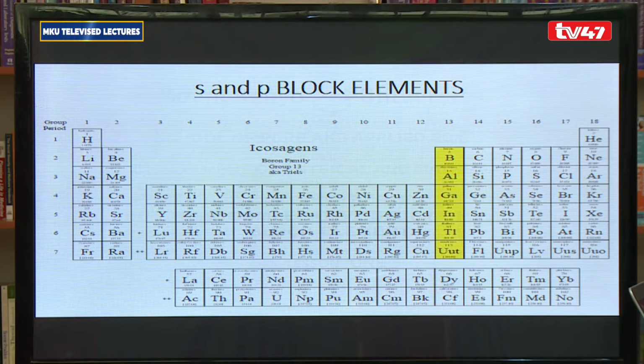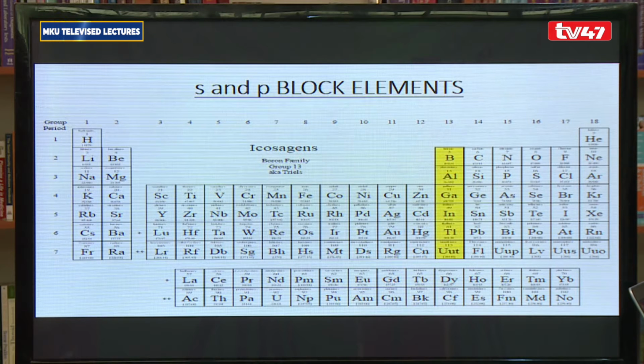The way these elements are arranged depends on the electronic configuration of the element. What determines whether the element will be in the P block, D block or S block is the position of the last electron in the valence configuration.